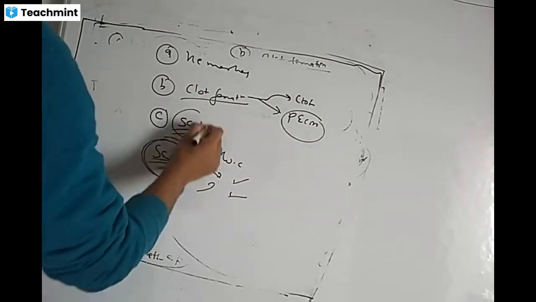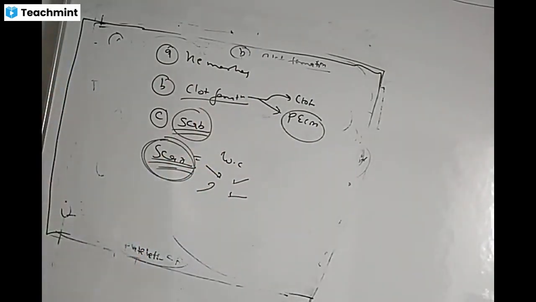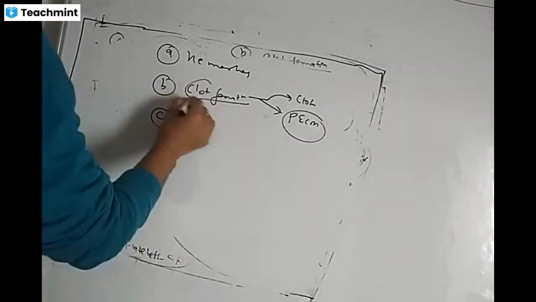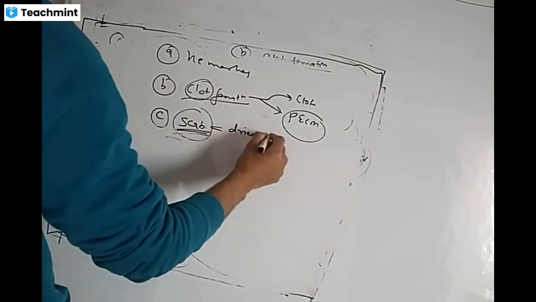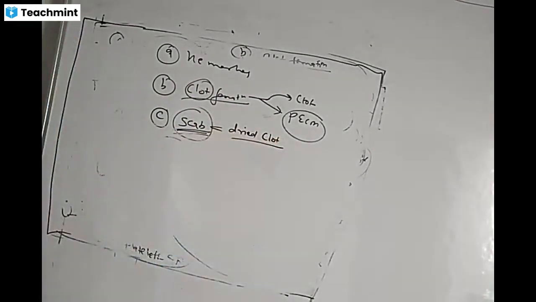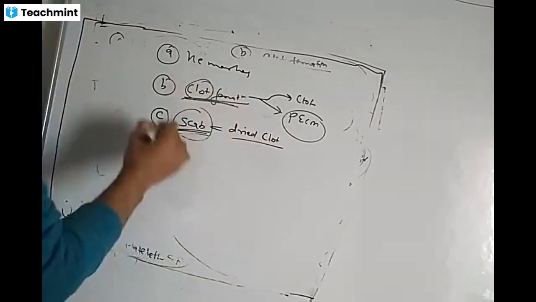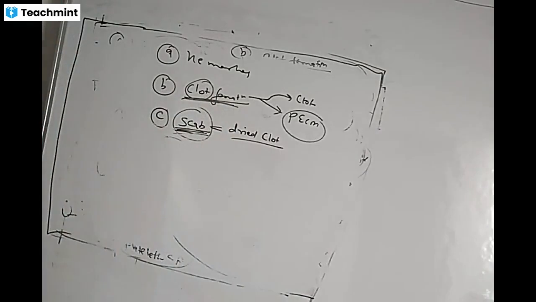But this is scab. Scab is nothing but when this clot becomes dry. So the other name of scab is dried clot.